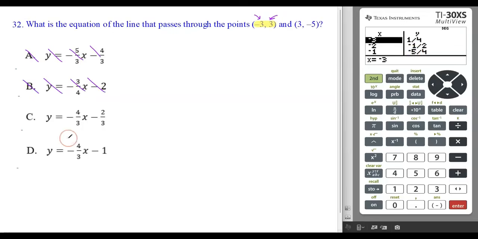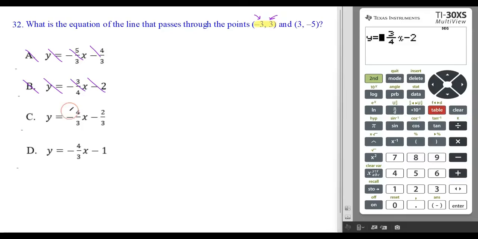I just keep going through this process. Let's go back to table. We'll punch in this now, -4/3 x minus 2/3. Hit clear. Ooh, you have to hit your negative sign first before you hit the fraction button. Negative fraction 4. Right arrow, x minus 2/3.